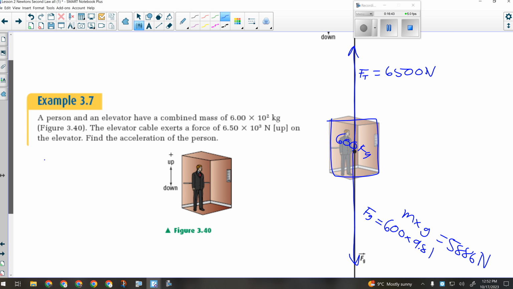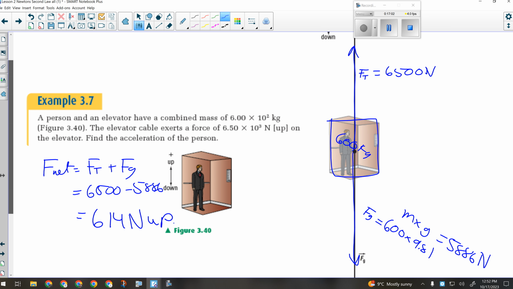We're going to go F net equals the sum of all forces, force of tension plus the force of gravity, which ends up looking like 6,500 minus 5886, which gives us 614 newtons up as the net force.